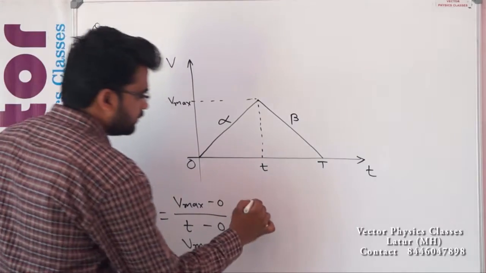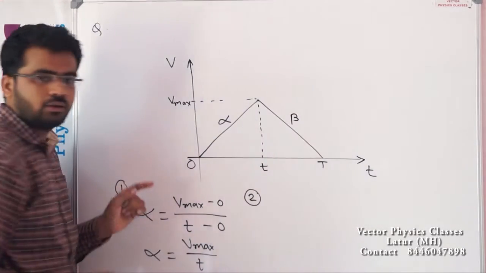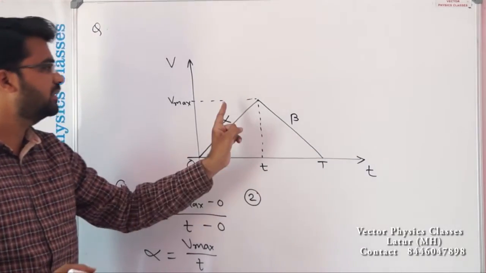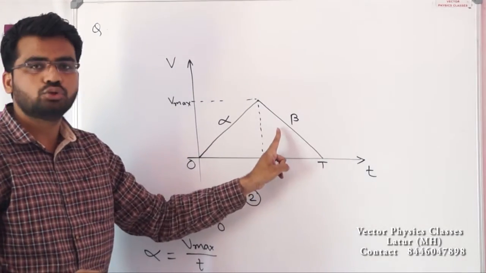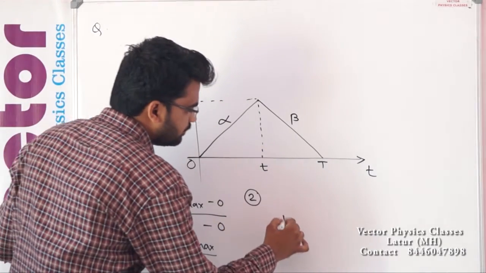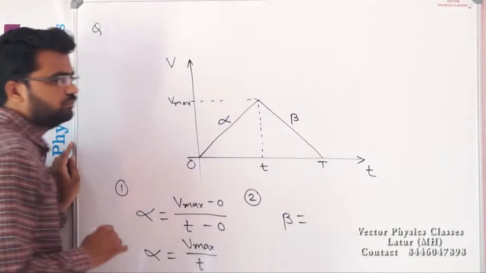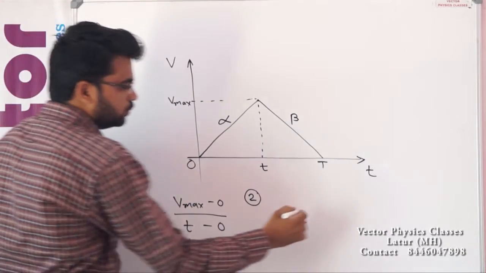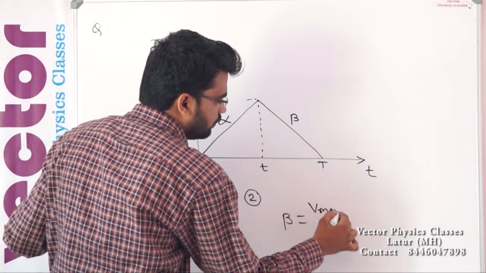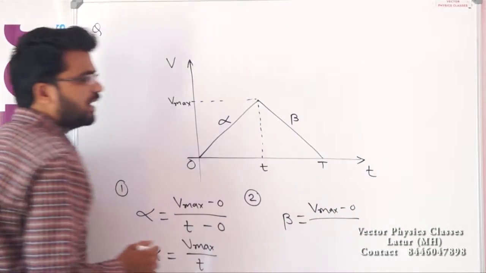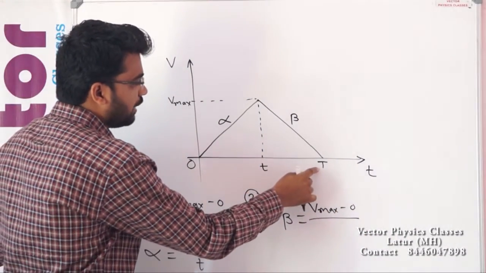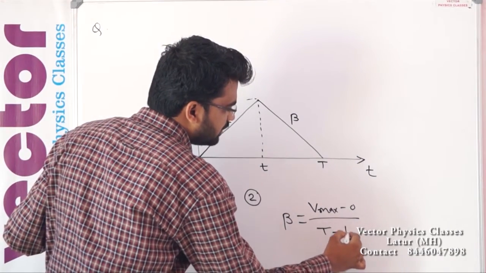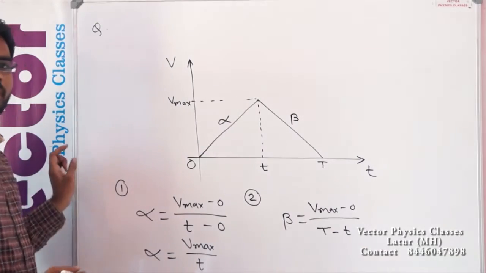So, next, second, this slope, that is beta. Beta is a negative slope, that we know. So beta can be written as Vmax minus 0 divided by capital T minus small t.